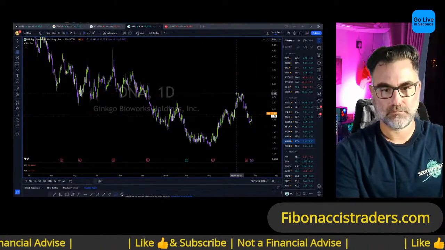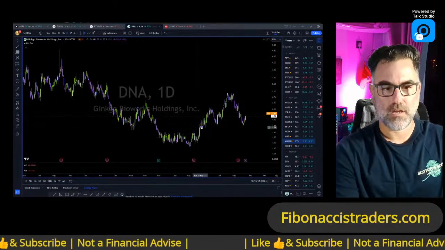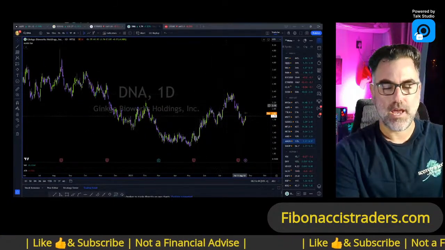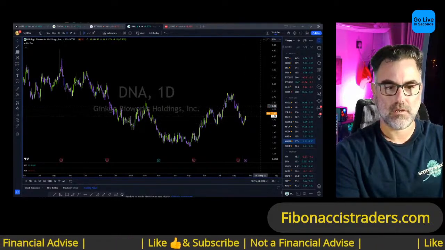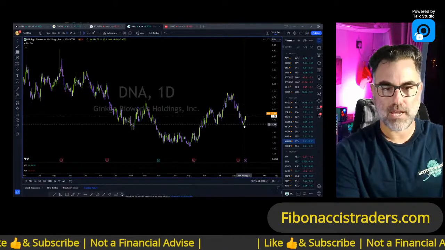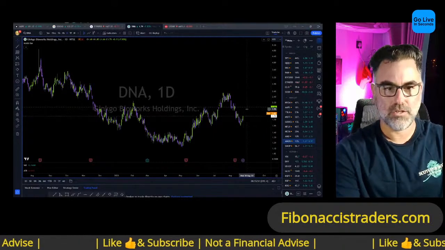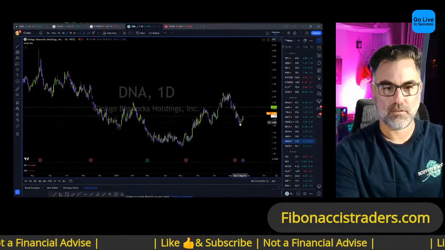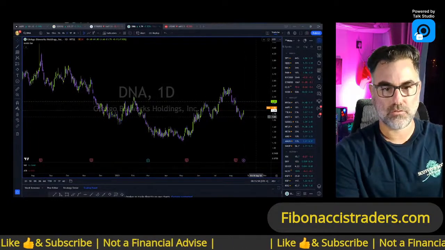DNA. We don't need Fibonacci. Look at this. We have left shoulder, head, and maybe right shoulder. Be prepared for both sides. Once we get to this area, to the 205, you need to embrace that we are going to a right shoulder.